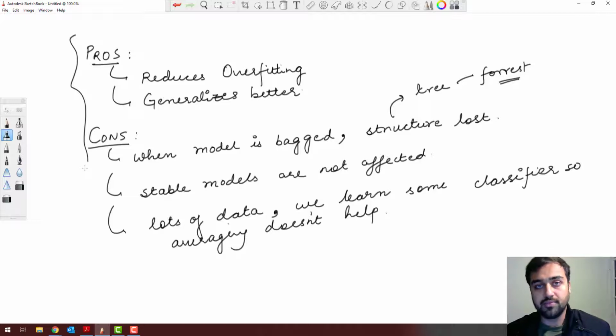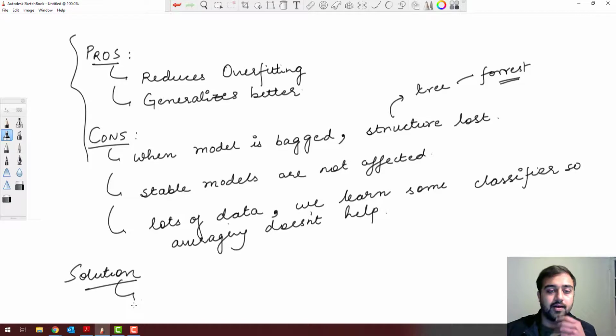So if we want to overcome these, there is a solution for it, right? The solution is basically introducing extra variability and extra randomness in the procedure. So how do we do that? I would say that we use a subset of features even within the subset of the data set, right?